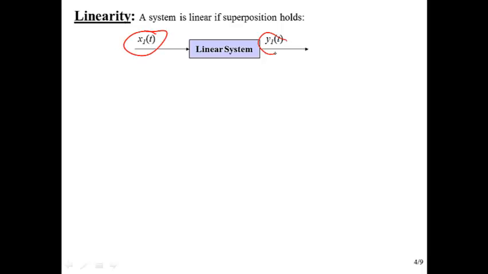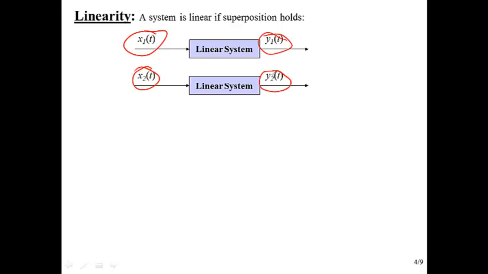Linearity simply means that the system allows superposition to hold. Stated mathematically, suppose we have a linear system and we put in some input called x1 and we label the thing that comes out y1. Now we're going to take that same system and put in some other signal, x2, and label the thing that comes out y2.